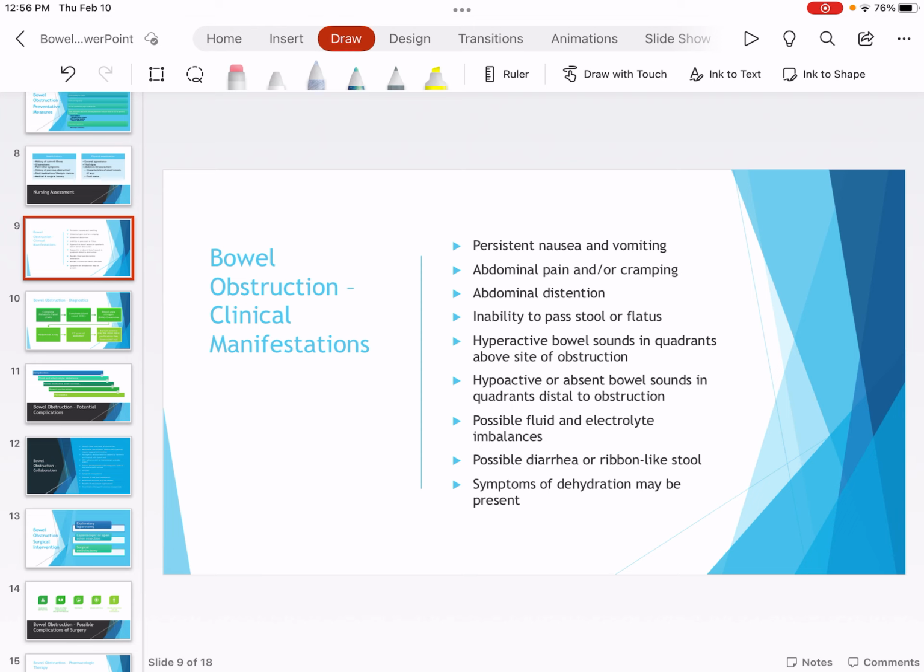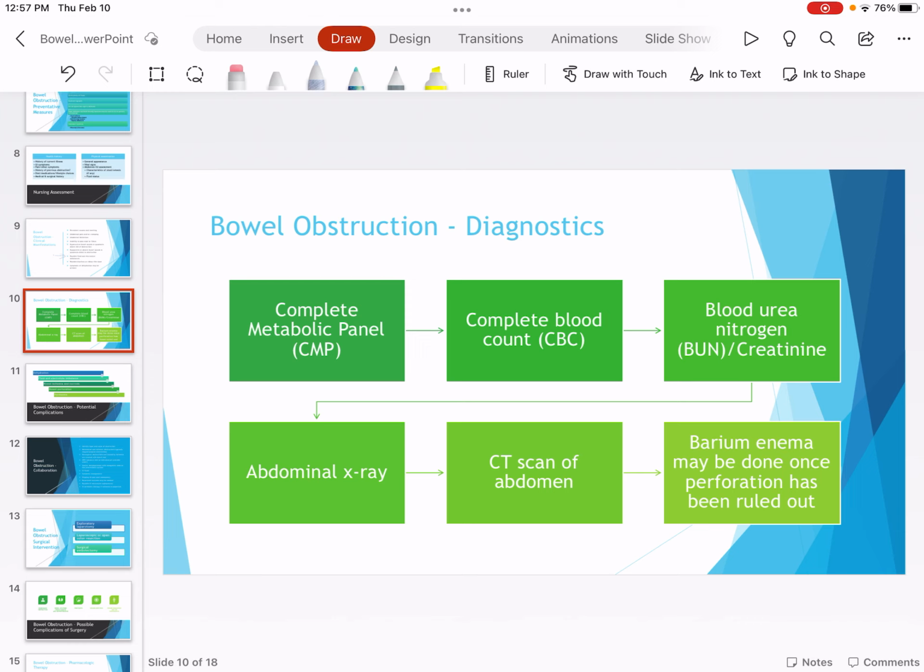Drink plenty of fluids. Again, increased fluid intake helps to move the stool through the intestines properly. Exercising regularly is important because inactivity, or a sedentary lifestyle, increases the risk of constipation. Do not ignore the urge to defecate. That's important.